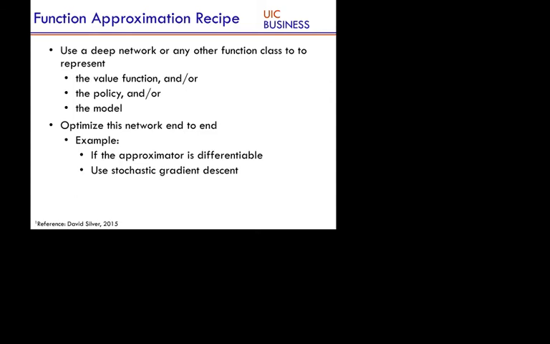Once we can use a function to represent the Q, state action value function, then if it's a network, we can optimize this network end to end, which just means that we can optimize the parameters of this function, this approximator, using, let's say, stochastic gradient descent, to ensure that that function approximator is close to the true Q stars, right? And we can do this optimization either incrementally or in batch mode.